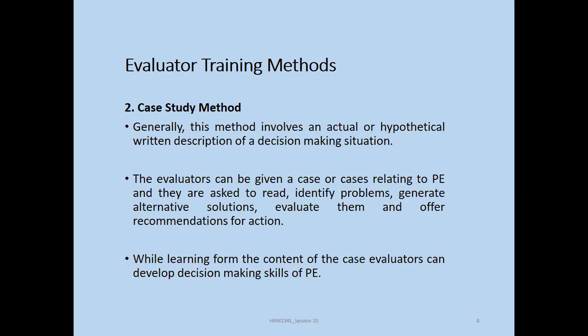When you read, you identify the problem, then you need to generate alternative solutions. We give an evaluation the same as for a person who joined our organization on the 1st of January, or sometimes that is one of the alternative solutions.